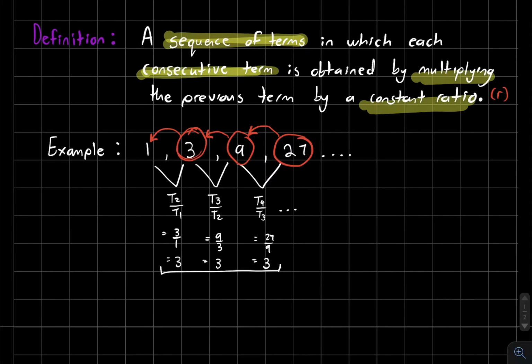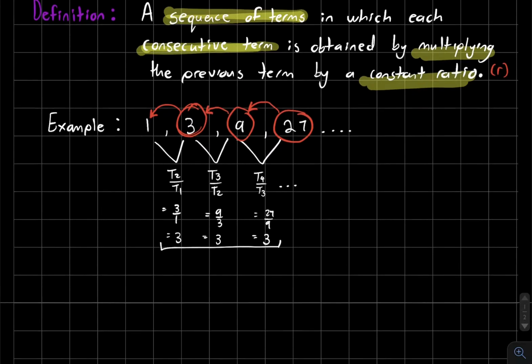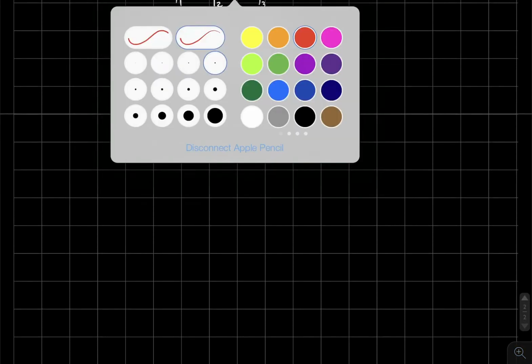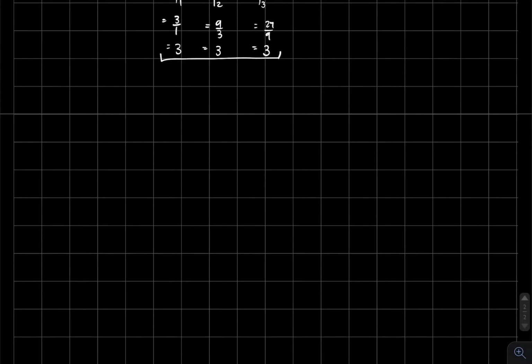So let's try and illustrate this. You'll notice that in this video we're using graph paper. So you'll see why that will come in handy. So let's say that we have a square with area 1. We can think of the area as just the number of blocks that make up the square.